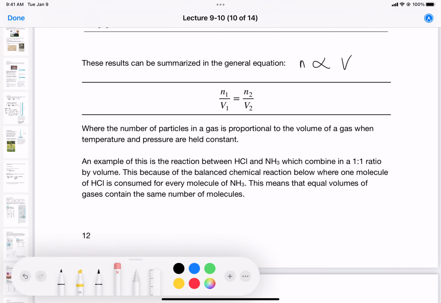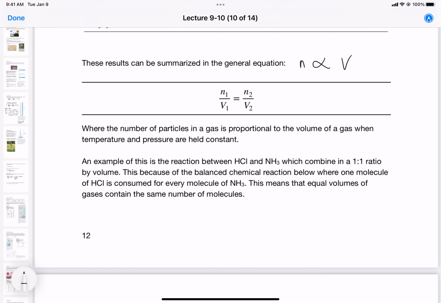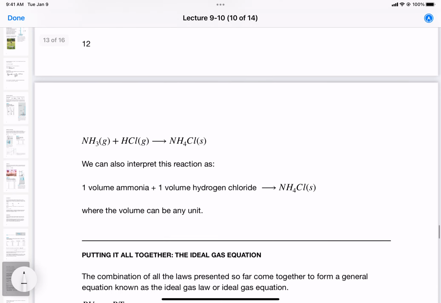The balanced chemical equation, as we see below, shows that one molecule of HCl is consumed for every molecule of ammonia. So this means that equal volumes of gases contain the same number of molecules, and we can see this below right here.